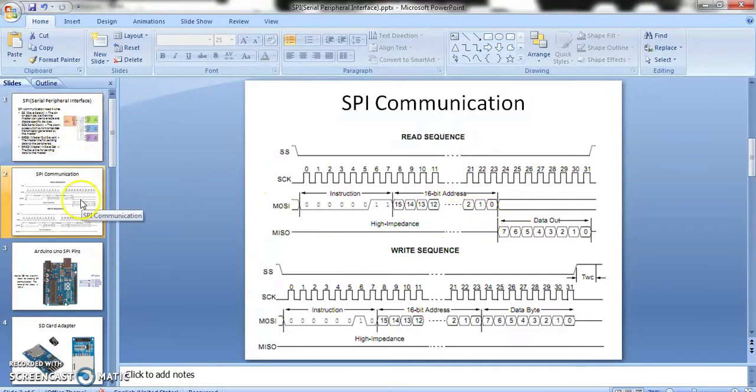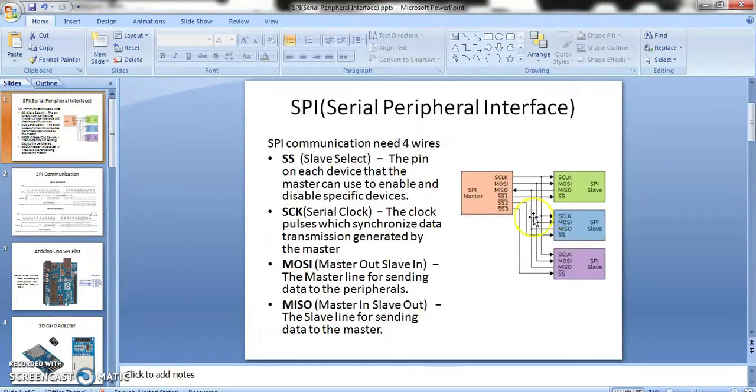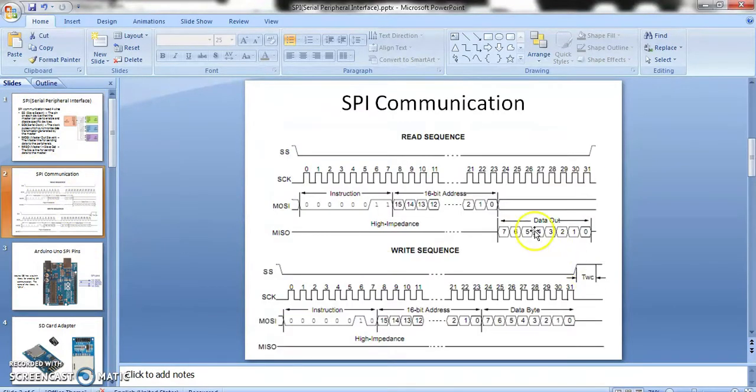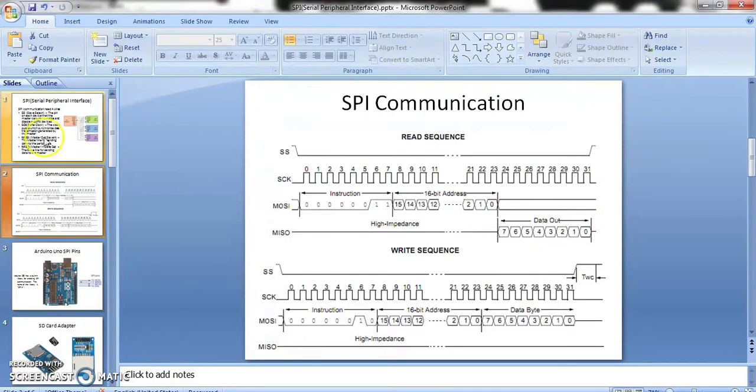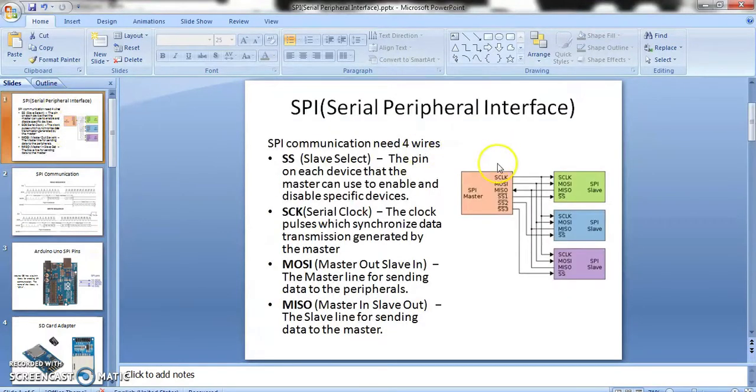Then the slave will send data using this MISO line. So this is the main way, the concept of how data is read by the master.